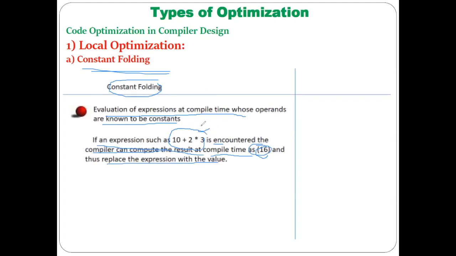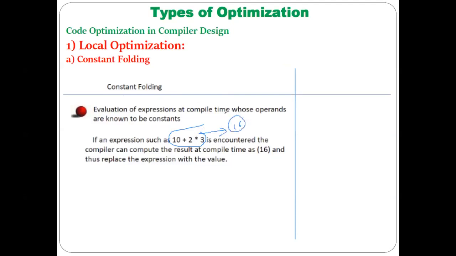Understood? This kind of thing is called constant folding. If all the values or constants are available, then such an expression can be evaluated during compile time only, and in the next part of the program, the value 16 can be replaced by the compiler. So that is constant folding.